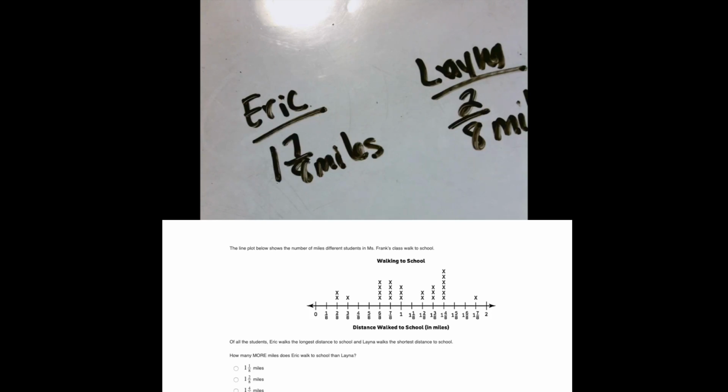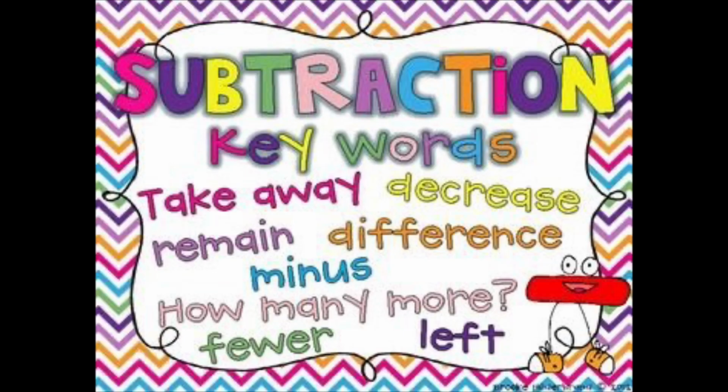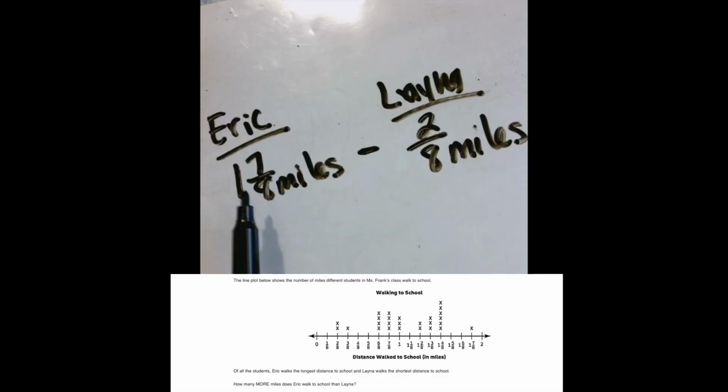Alright, I want you to take a minute to think. If we want to find out how many more miles Eric walks to school than Lena, what type of problem do you think we will need to do? Okay, I hope you said we need to subtract. If we take away how many miles Lena walked from how many miles Eric walked, we will get the total difference of how much farther Eric walked than Lena.